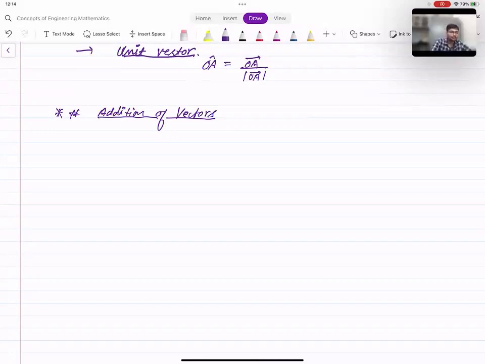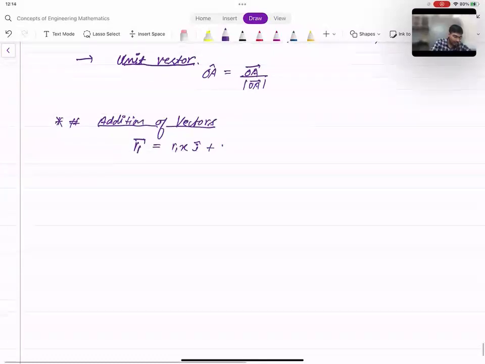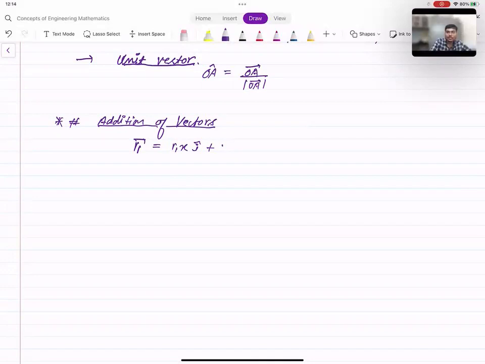So suppose we have vectors r1 and r2. Say r1 is r1x i cap plus r1y j cap plus r1z k cap. Here we are writing i cap, j cap, k cap. The cap symbol represents that these are unit vectors and these are standard. So i cap means the direction of the x axis, j cap is for y, and k cap is for z.